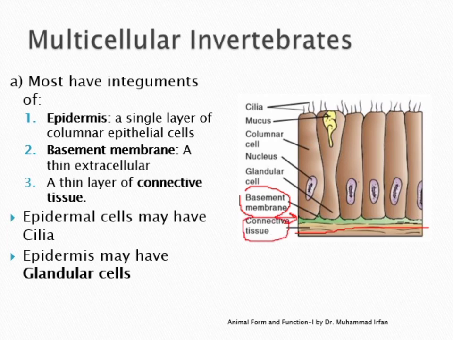So epidermal cells may have cilia. In the body, there are extensions of the cell membrane wherever we look. For example, in the respiratory tract there are cilia on the cells, and there are cilia on the cells present on the inner layer of the reproductive tract, or flagella on sperms or in some other tissues, like in protozoans.